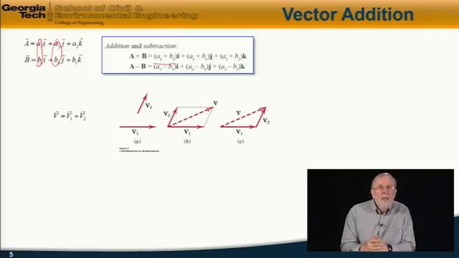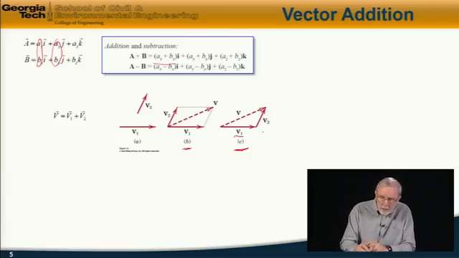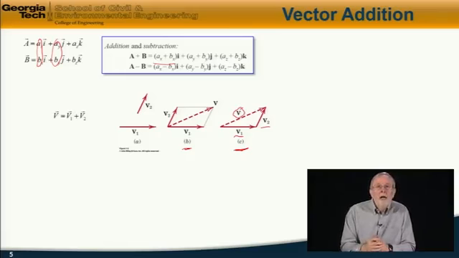So, for example, let's suppose I have two vectors, v1 and v2, as shown here. The summation of them is given by this here. So in this case, v is the resultant of those two vectors, or the sum of them. And we can also obtain this by vector addition, just adding the vectors head to tail. So v1 plus v2 here and the summation of those two is the final line which closes the polygon, or the triangle in this case, is v, therefore the summation or the resultant, which you can see is exactly the same as we get by forming the resultant here.